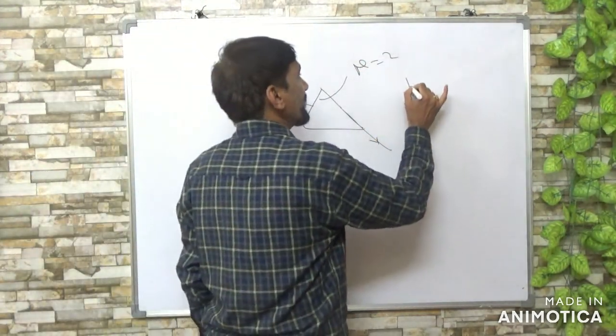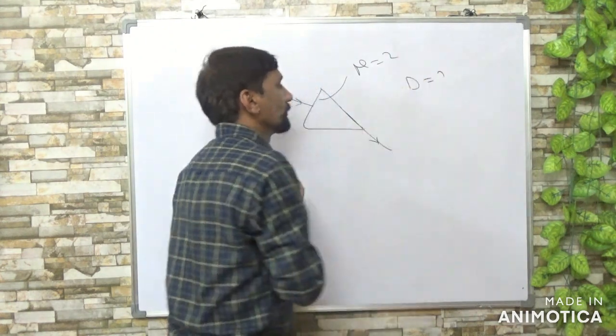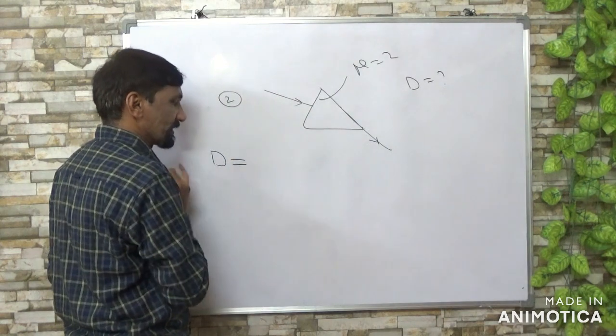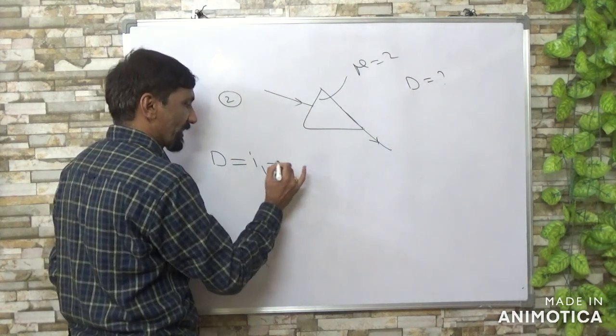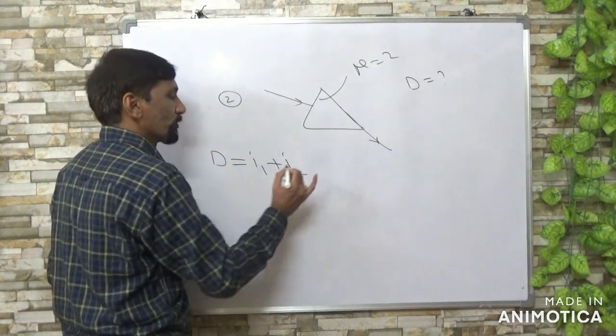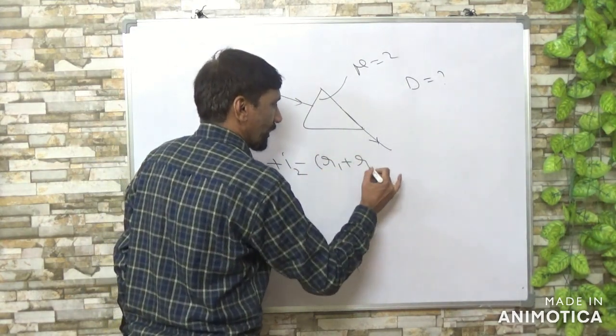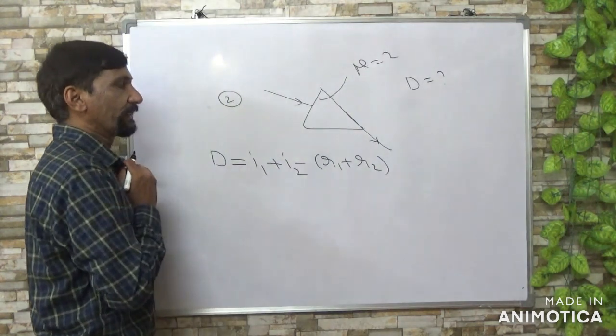What is the deviation? So deviation is always equal to I1 plus I2 minus R1 plus R2, right?